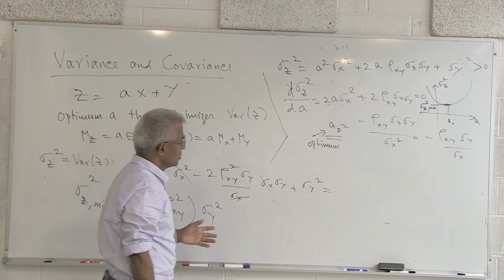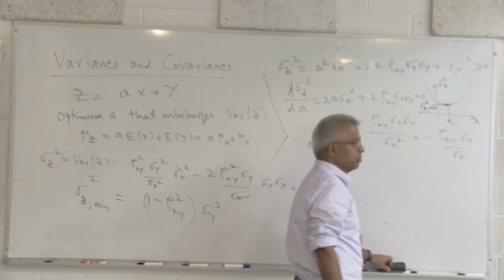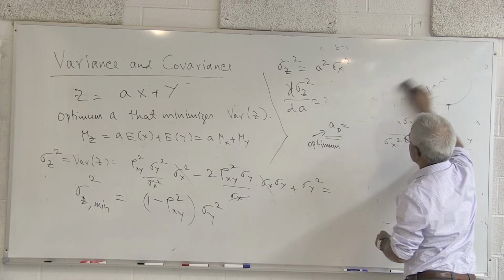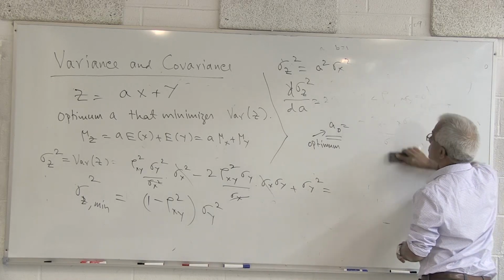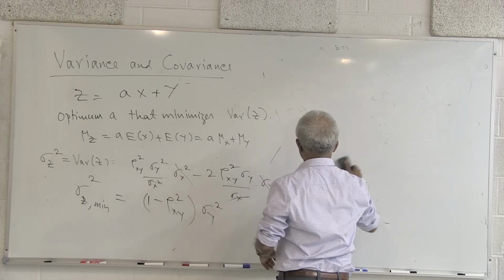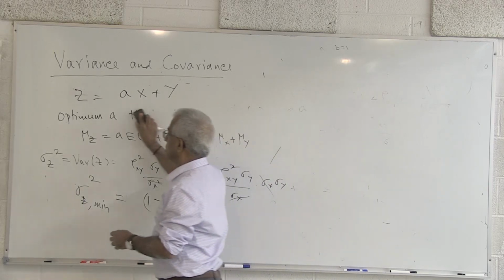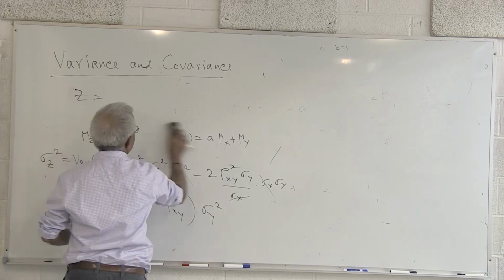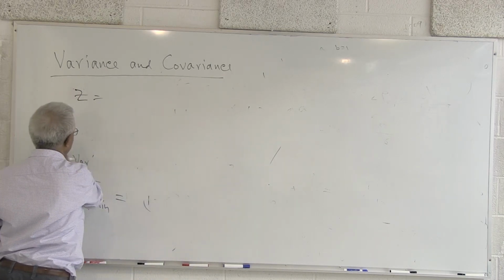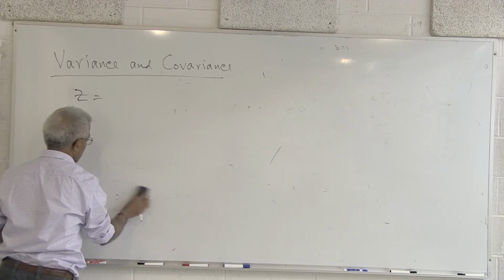A related problem is in stock market, like portfolio optimization. So same idea there. Suppose you have 2 stocks and you want to distribute your capital between X and Y. And we want to take advantage of the correlation.